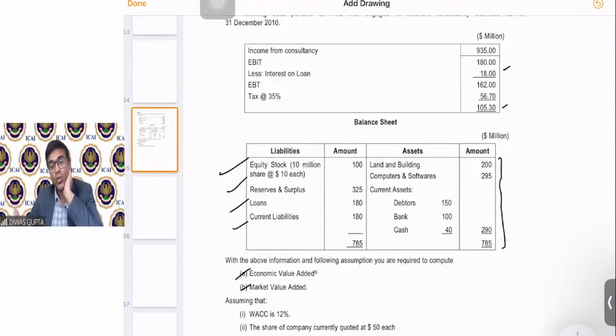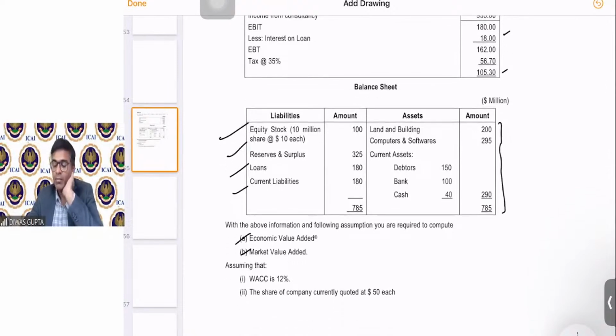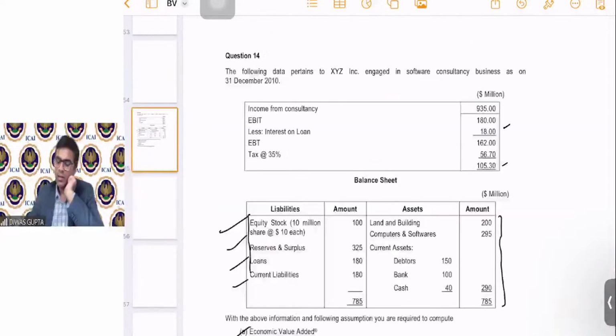So this is the first question on MVA that we are doing, market value added. And the assumption that they're asking us, don't go with this split. You just take a WACC of 12%. That is easy. And the market price of the share that is currently being quoted is $50 each. Easy, students? Correct.